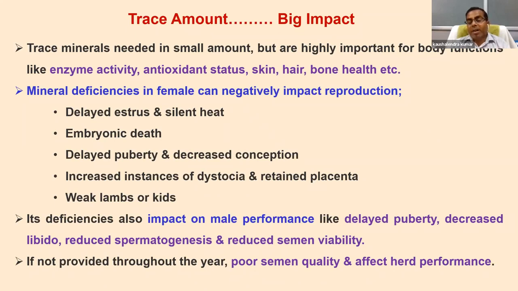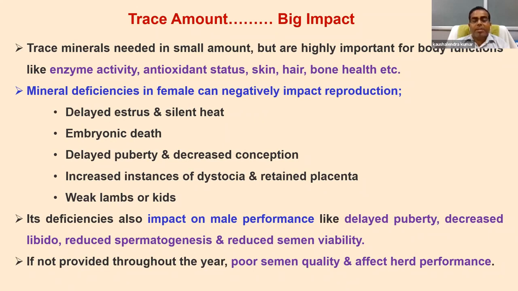There may be delayed puberty, decreased libido, and reduced spermatogenesis, which is very vital and very important. Semen quality will also deteriorate. Motility of the spermatozoa will be reduced due to deficiency of trace minerals.